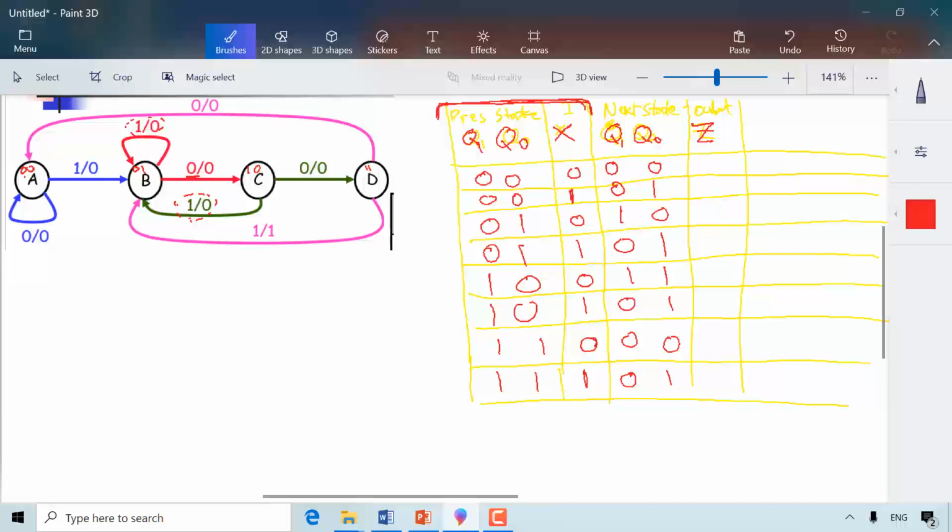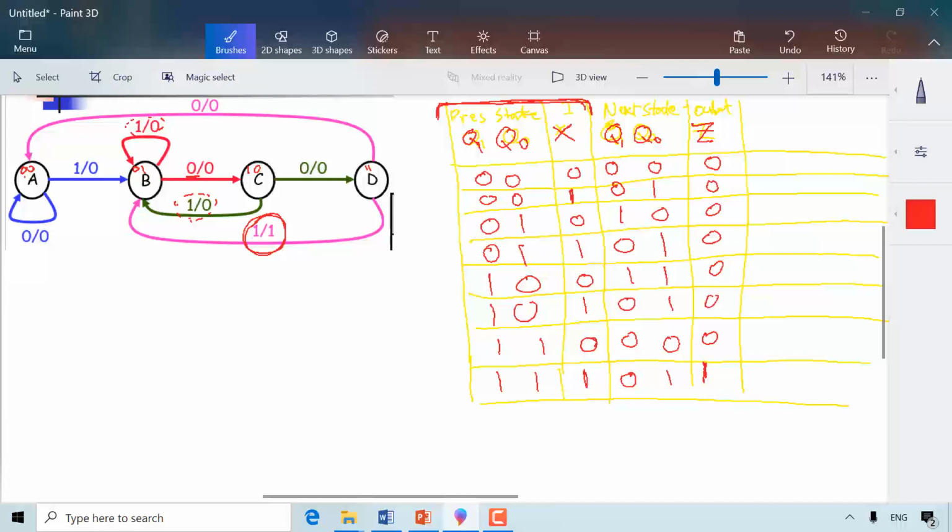Now for Z, we have zeros all over until I find my pattern, which is when I am in state D and I receive a 1, and then I go with an output of a 1.